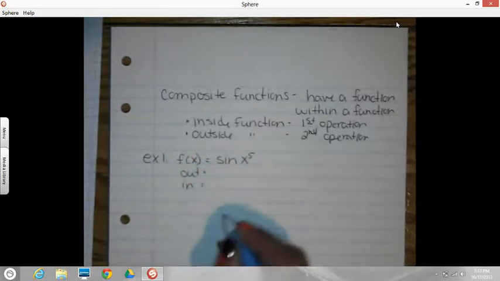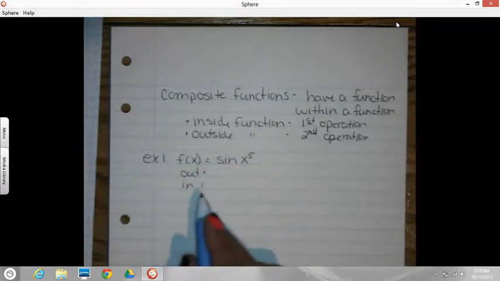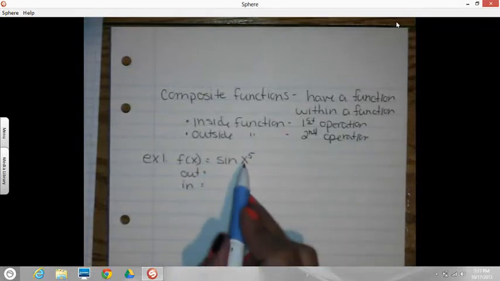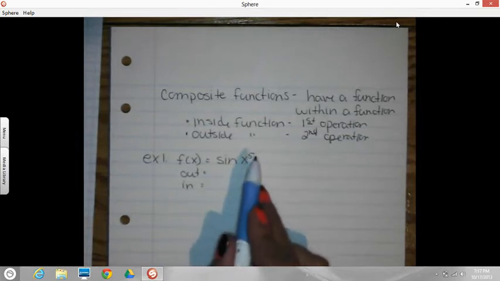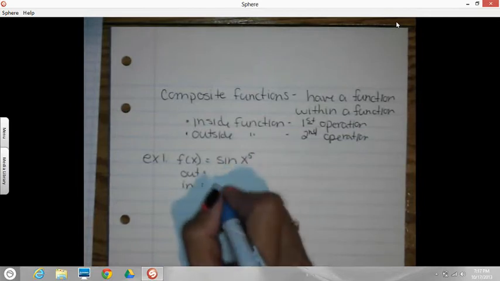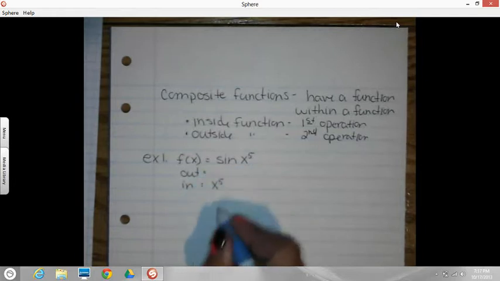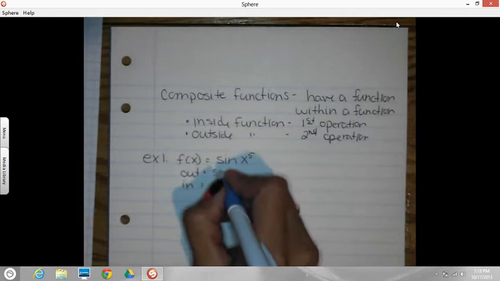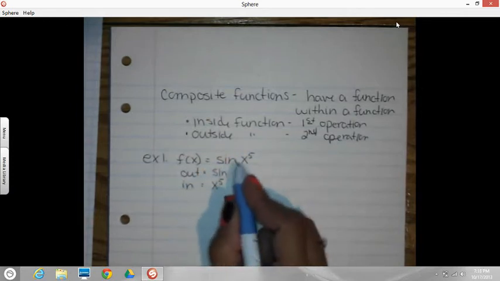The inside function is the first thing that the calculator would have to do to work this whole thing out. Well, the calculator would have to know the value for x, and it would do this to the 5th power thing first. So your inside function is the x to the 5th, and your outside function would be to take the sine ratio. So there's your inside, there's your outside.